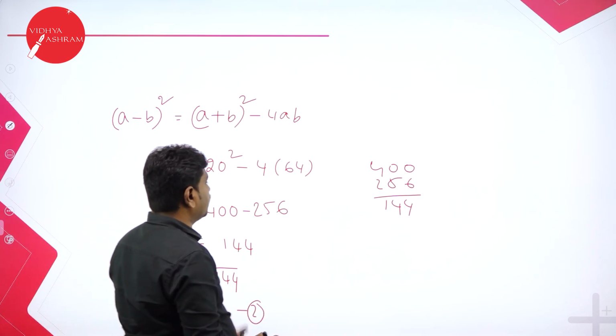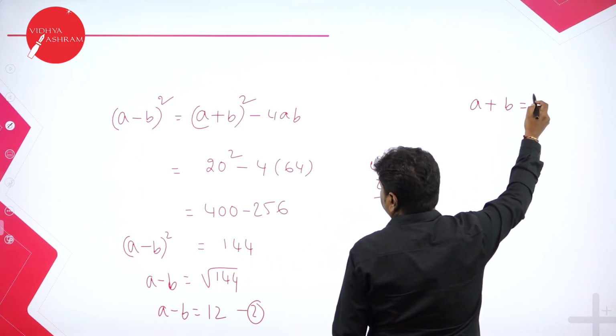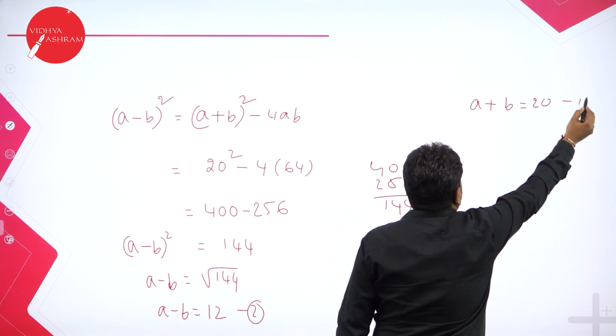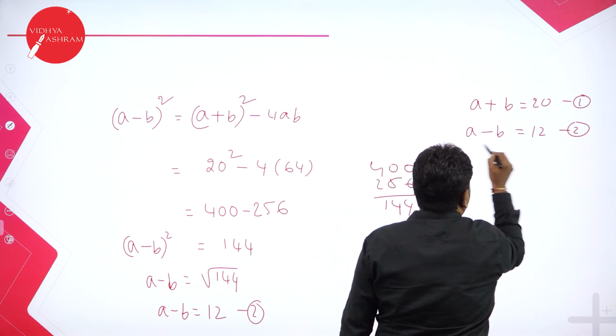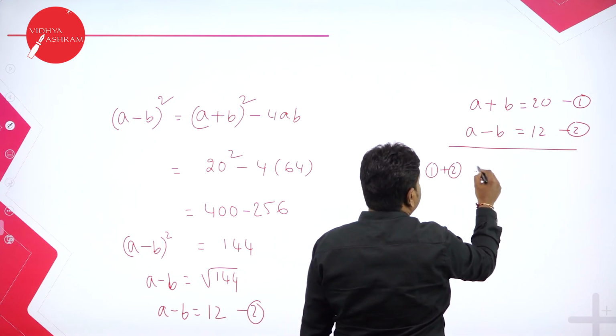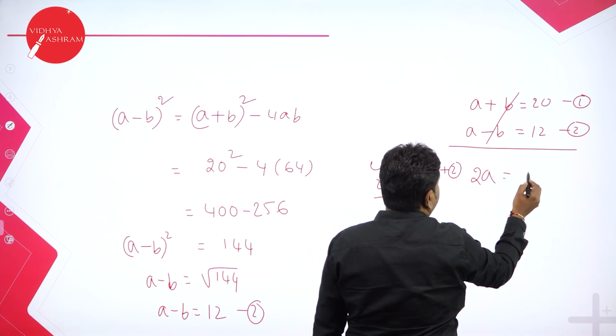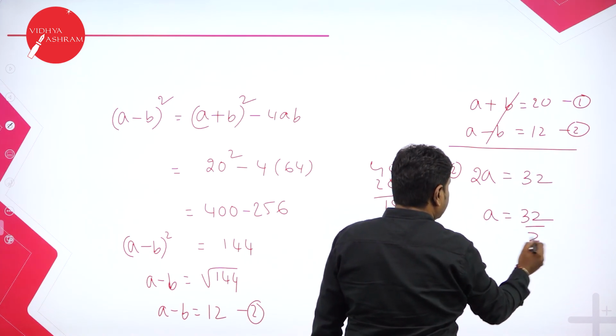See, already you got A plus B equal to 20. Call it 1, and A minus B we just got, that is 12. Call it 2, and add the equations, 1 plus 2. A plus A becomes 2A, minus B plus B cancels, 32, and A is 32 by 2. A is 16.